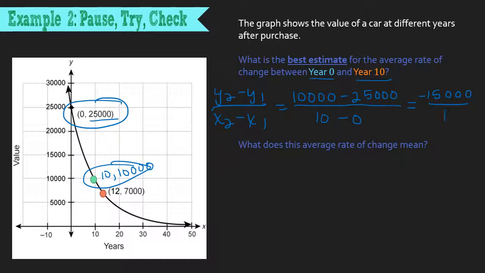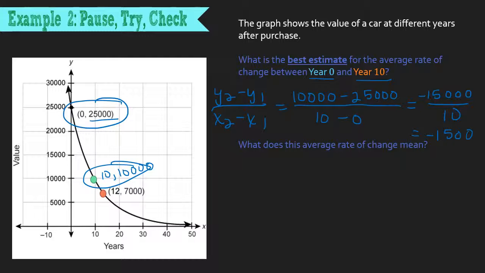And then we're going to divide that answer by 10. And when I do, I'm going to end up with negative 1,500 again.